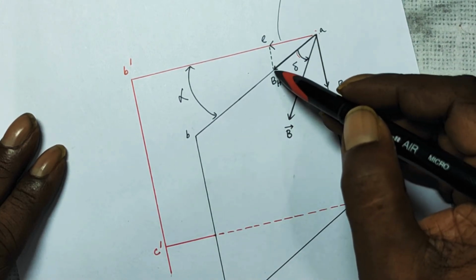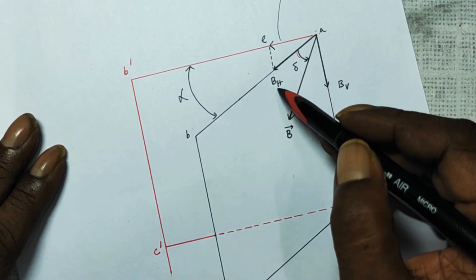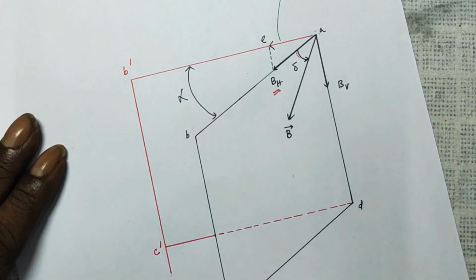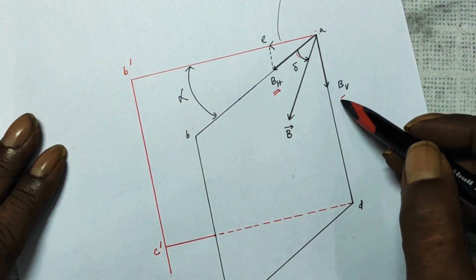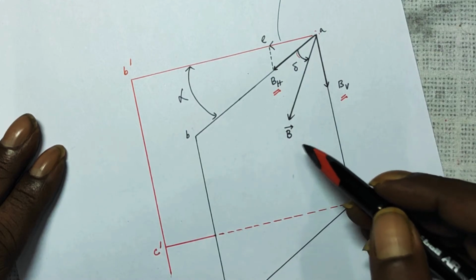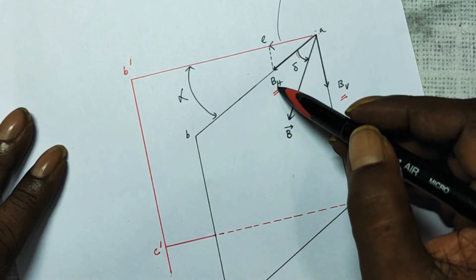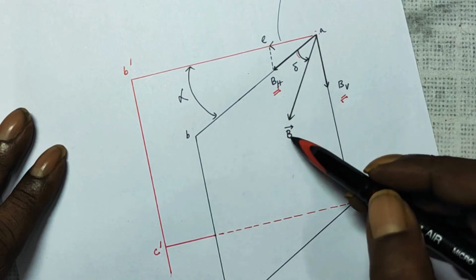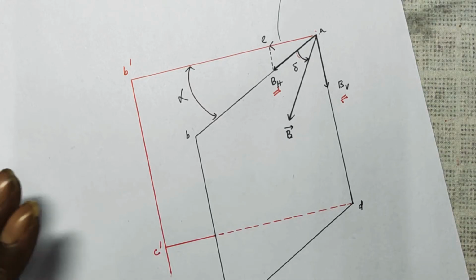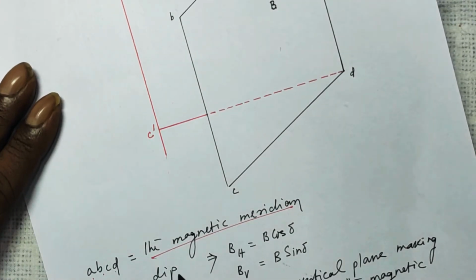This is your horizontal component of the magnetic field B, this is the vertical component of the net magnetic field B. This as well as this, all three of them are in the same magnetic meridian. Delta is the angle of dip.